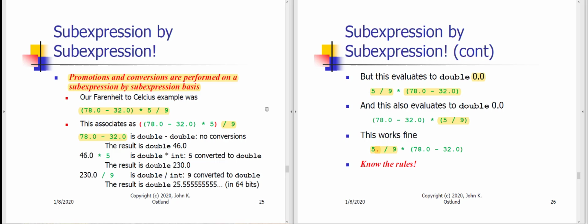Okay, so these rules about integral promotion and usual arithmetic conversion are annoying but vitally important. Whenever you write an arithmetic expression, you have to think on a piece-by-piece basis of what the data types of your values are and how those data types are being converted during the computation. If you fail to do that, you're going to end up with problems.